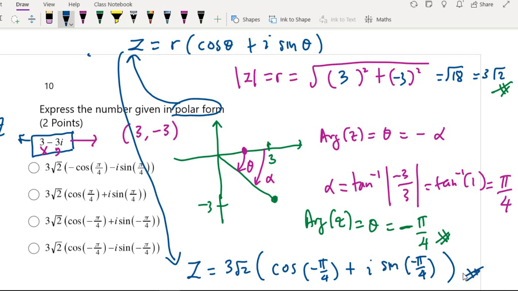Check the options. This is not the one, there's no negative for the angle. So the answer is 3 square root of 2 cos negative pi over 4 plus i sin negative pi over 4. This is the answer.